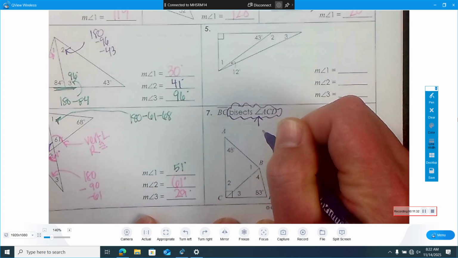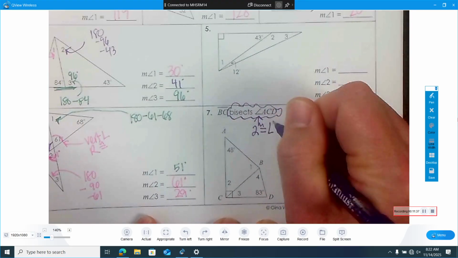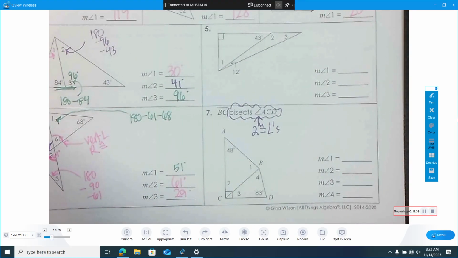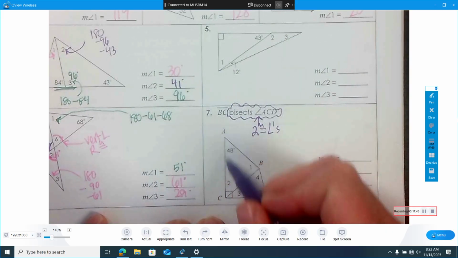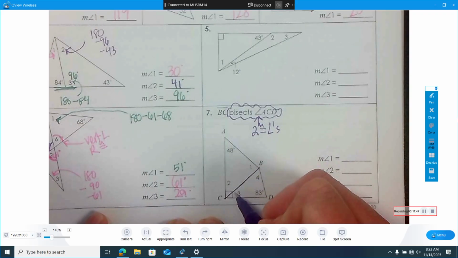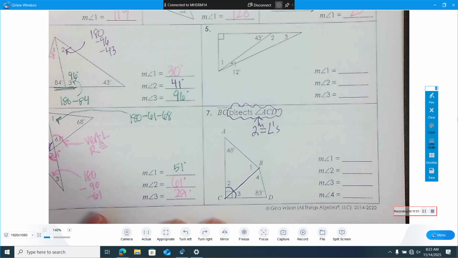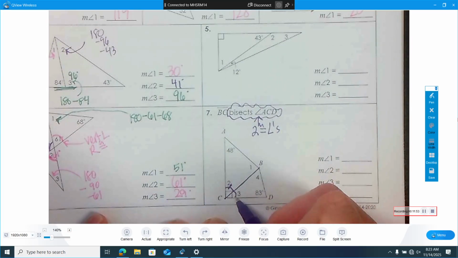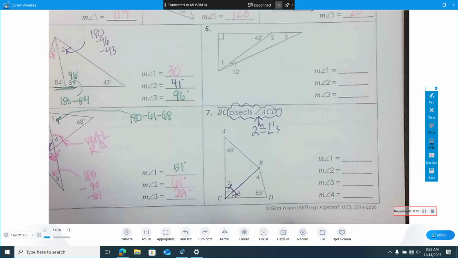Two congruent angles, all right? So we're bisecting an angle, so we're going to create two congruent smaller angles. So ACD is right here, and this line is bisecting it. So we have two congruent angle measures. Angle 2 is congruent to angle 3, and it started out as 90 degrees.